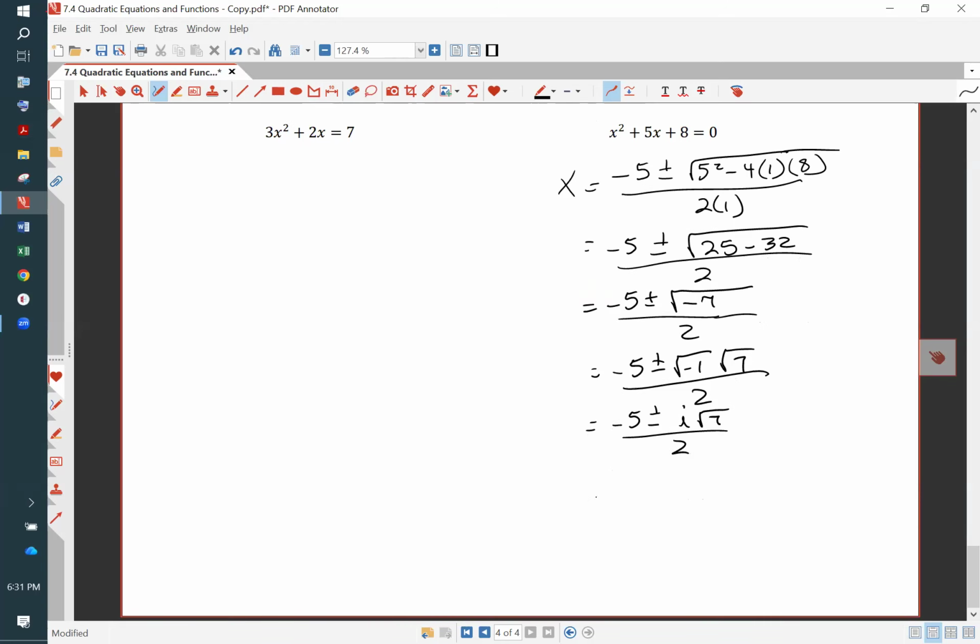So the solutions are minus 5 plus i square root of 7 over 2 and minus 5 minus i square root of 7 over 2. Any questions?